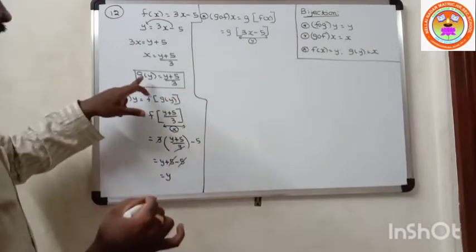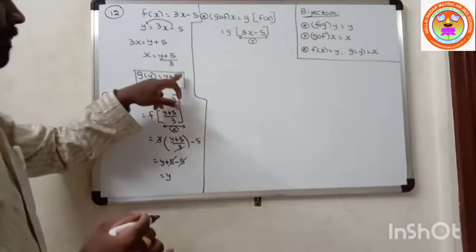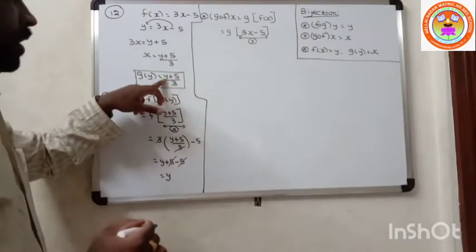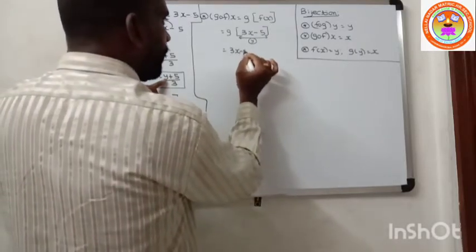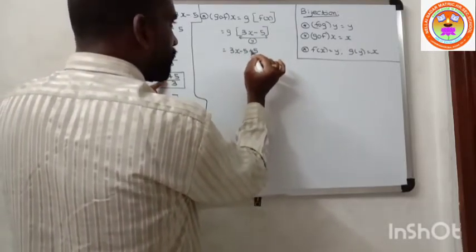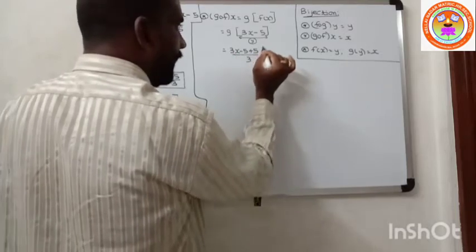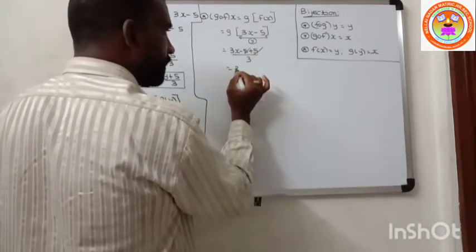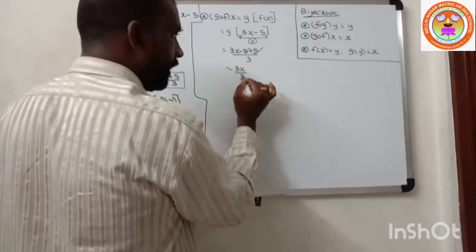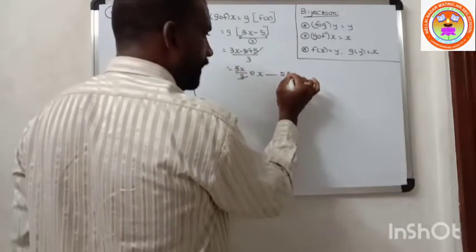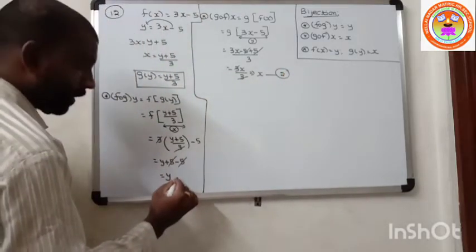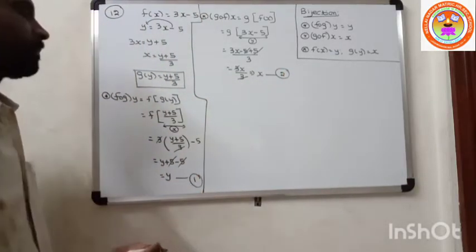G of y, g of y is y plus 5 by 3. Y in terms of bracket term, 3x minus 5 plus 5 by 3. Plus 5 minus 5 cancel. 3x by 3, 3 cancel.